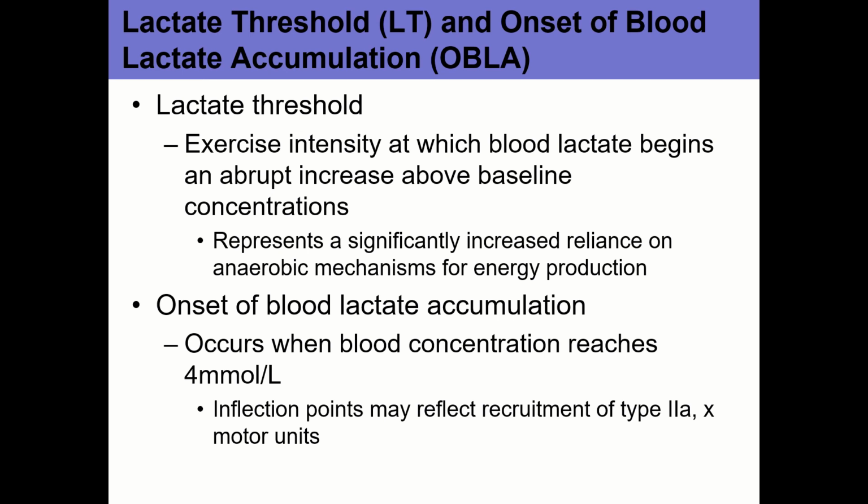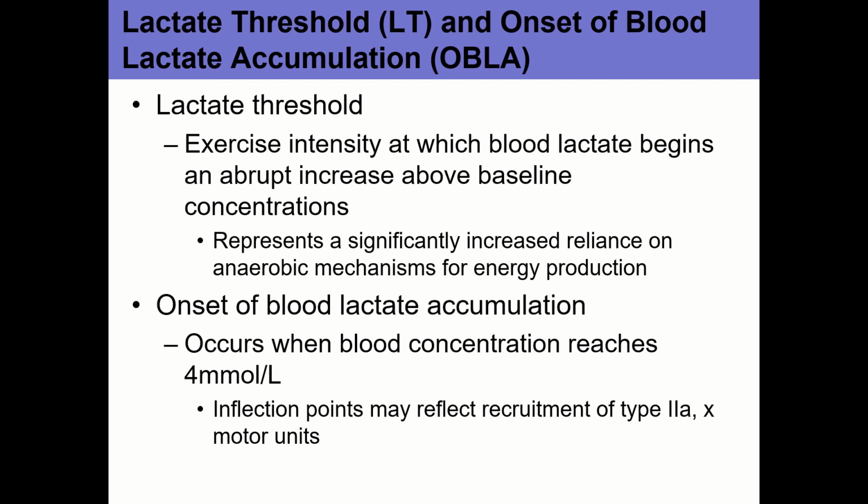That inflection point probably represents the recruitment of type 2A and type 2X motor units. So we're starting to get into some of those larger, faster motor units. But because they're larger and faster, they rely more on anaerobic systems, and so they're going to generate more lactate, and so you're going to see this big inflection point where the lactate really starts to accumulate very quickly. So that's the onset of blood lactate accumulation.